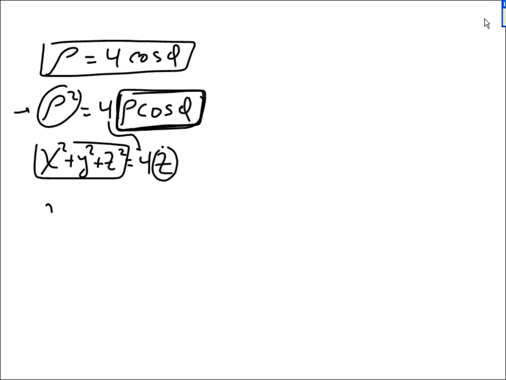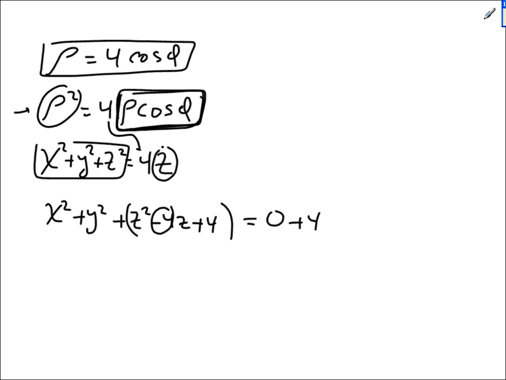And of course, if you could bring the 4z over, so right now the right side is 0, add on half of that squared, which would be 4, to both sides, and you get x squared plus y squared plus z minus half of that number, which is 2, squared equals 4.